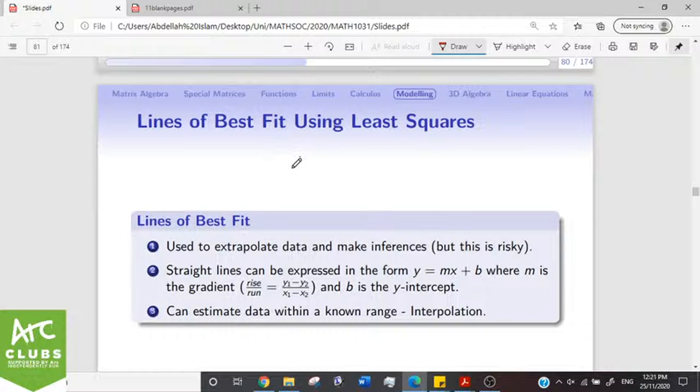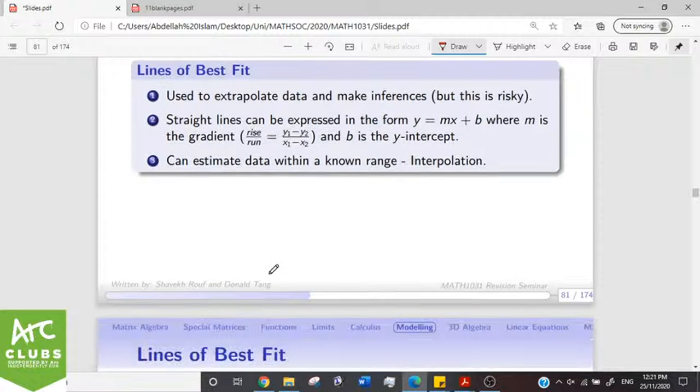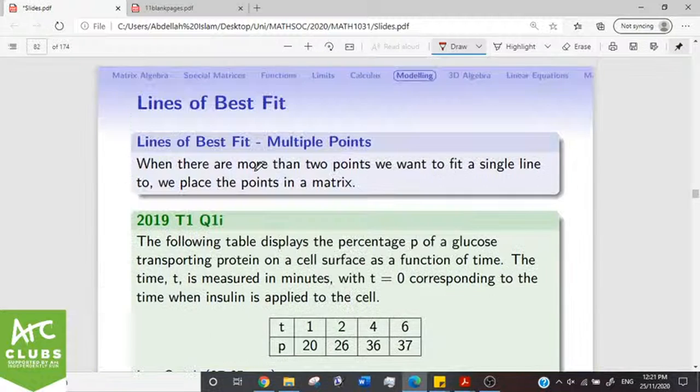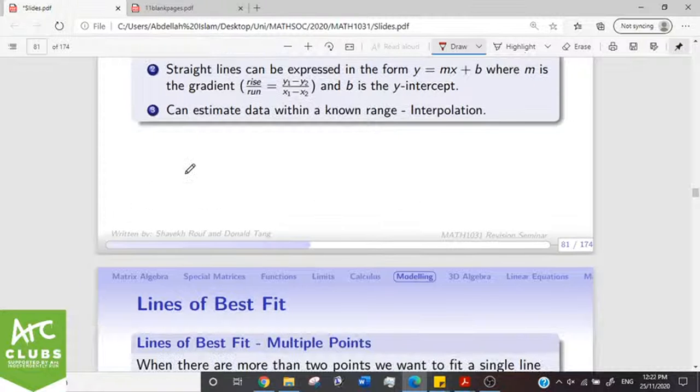Okay, so another very useful trick in modeling is the line of best fit. This gets harder and harder as you have more data. Usually you can always get some sort of program to make a line of best fit for you once you plot your data. But it's useful to know how exactly this works so you can do this quickly and know how the data is kind of acting as you do whatever experiment you're doing.